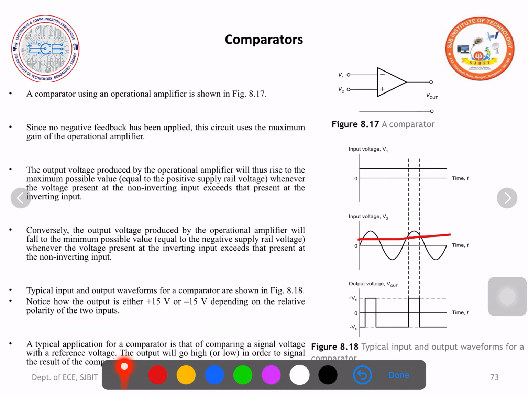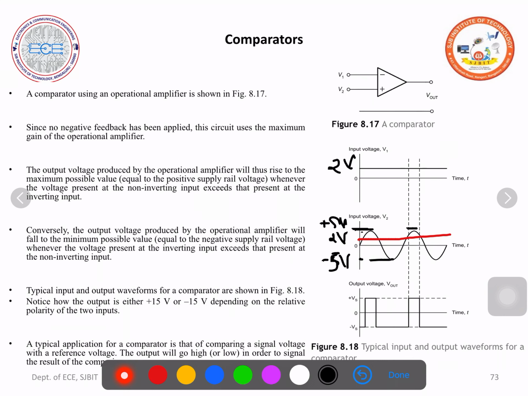Then how to write the output? Now in this region, the input applied at V1 is greater. If you still do not understand, I will write here: this is plus 5 volts, and the input voltage I will write as 2 volts.